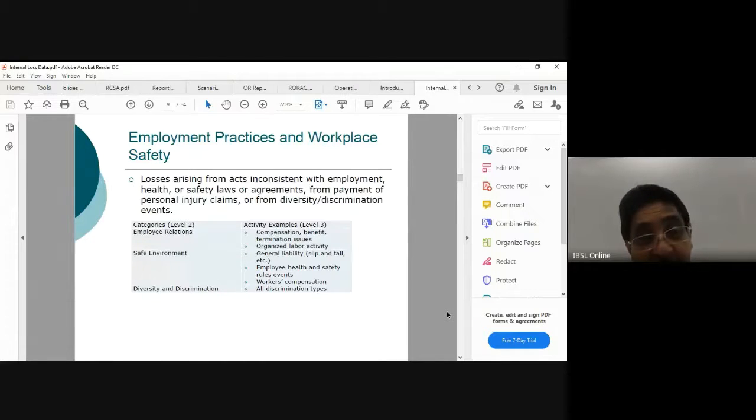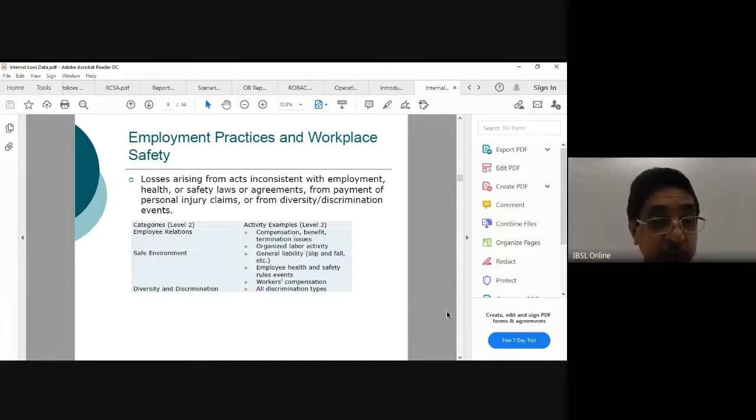And sometimes diversity and discrimination events can also come under employment practices and workplace safety. When you say level 2, there you have employee relations, safe environment, and diversity and discrimination. And all are coming under level 2.